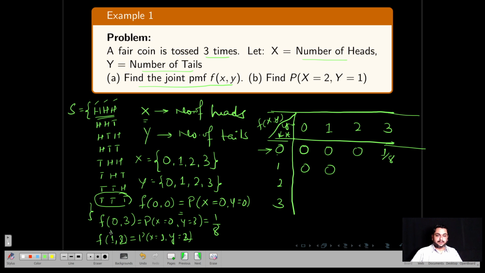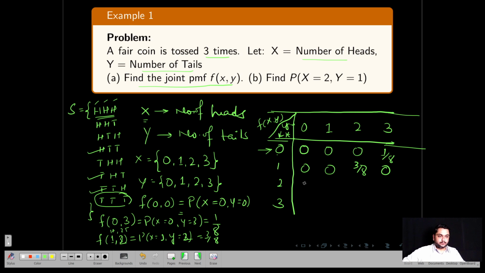So 1 head, 2 tails. How many are there? 3 out of 8. 3 by 8. So here write 3 by 8. Then 1 3 not possible.